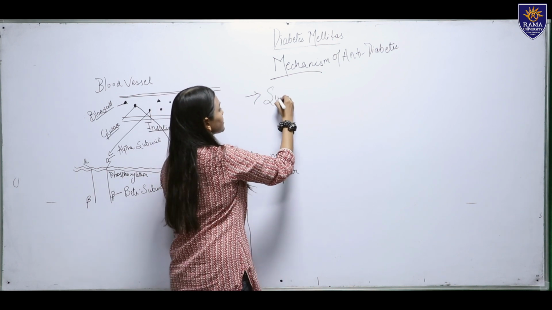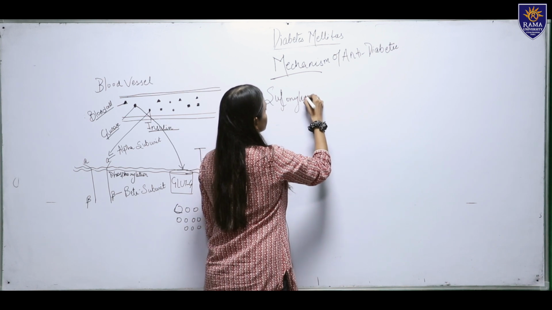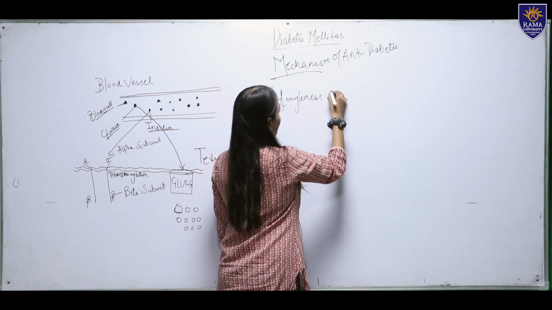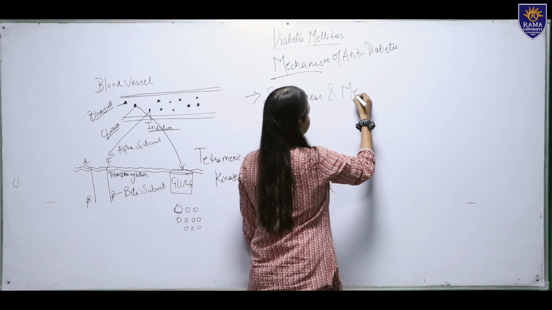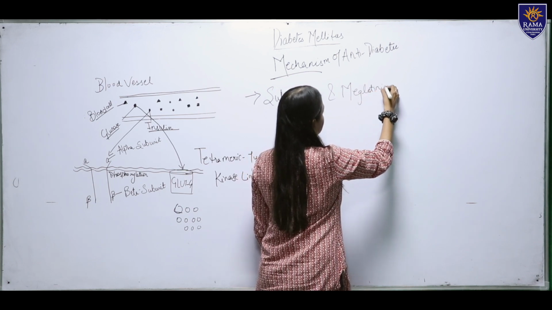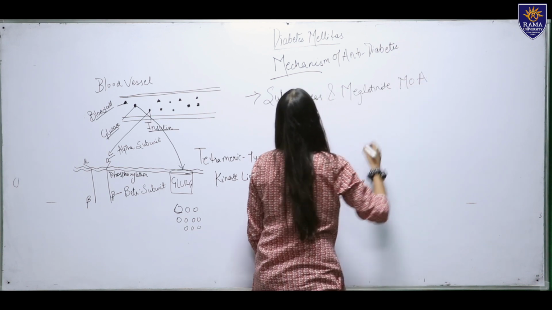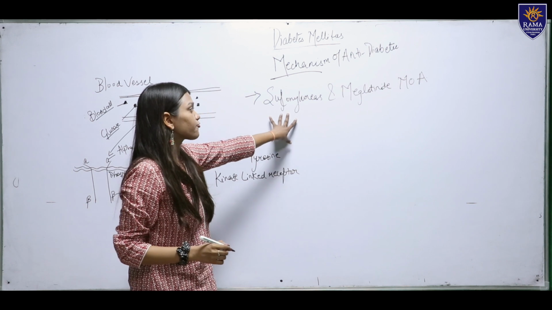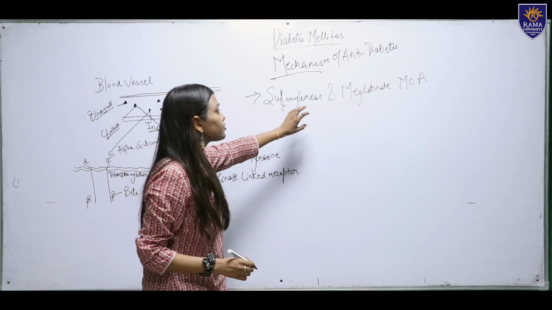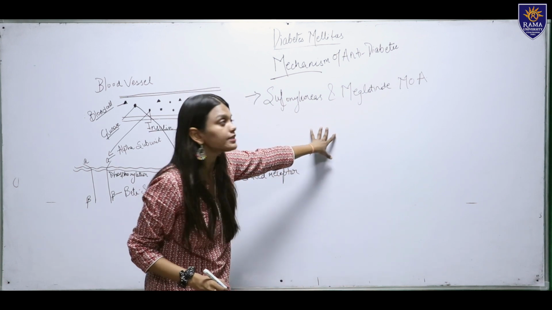First of all, we will study the mechanism of sulfonylurea and meglitinide. So what is the mechanism of sulfonylurea and meglitinide? Basically we know that this class of drug increases insulin secretion.